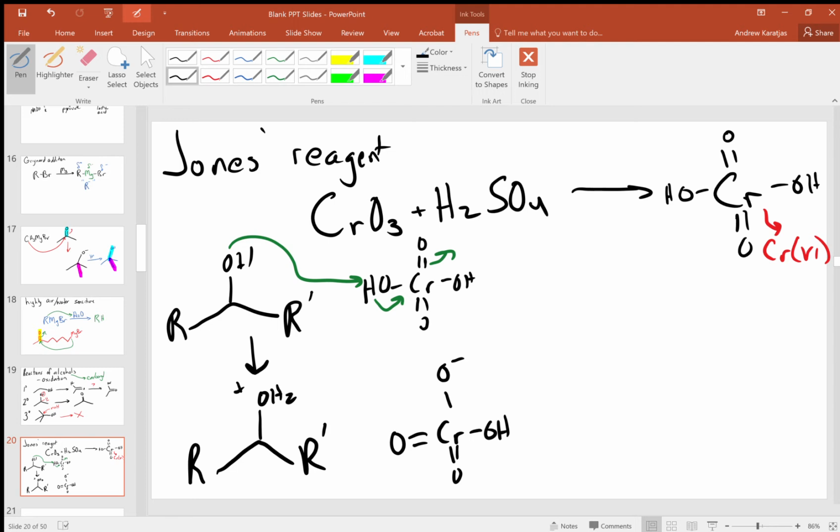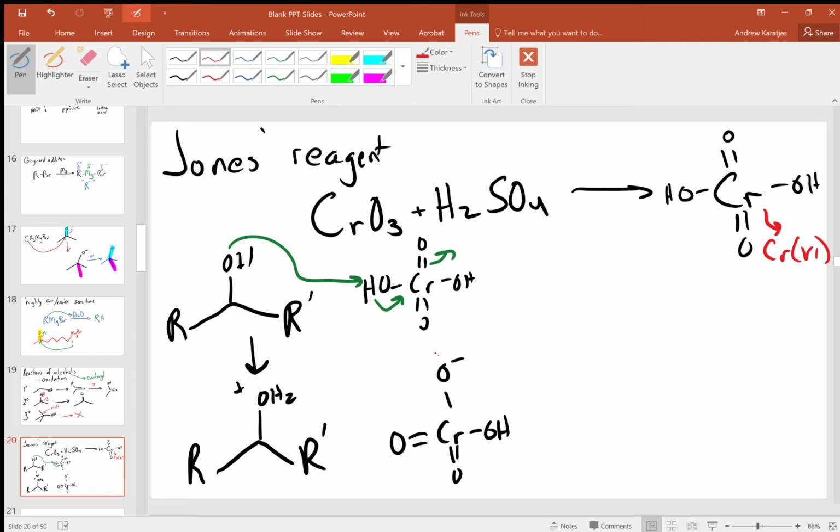And you may recall that we saw this in elimination reactions. When we wanted to eliminate an alcohol to form an alkene, a dehydration reaction, we did exactly the same thing. We protonated it to make it into a good leaving group.